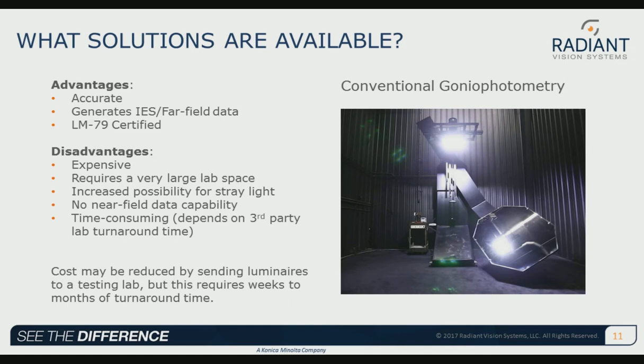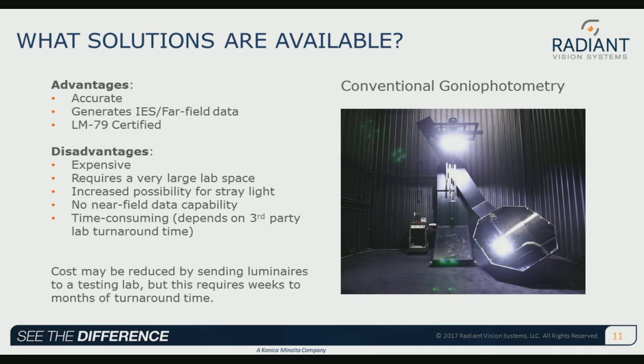This is an image of the flying mirror goniometer setup. The advantage of this more conventional method is that it is accurate. You do get the IES or far-field data, and it is LM79 certified. Disadvantages, however: it can be quite expensive and requires a very large lab space, again, sometimes hundreds of feet, depending on the size of your largest luminaires.